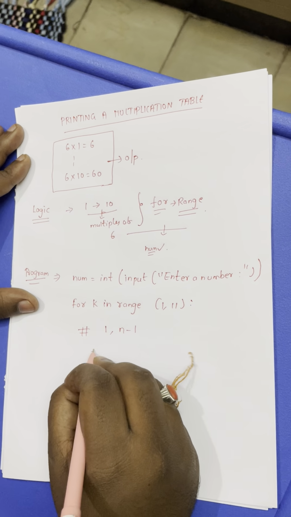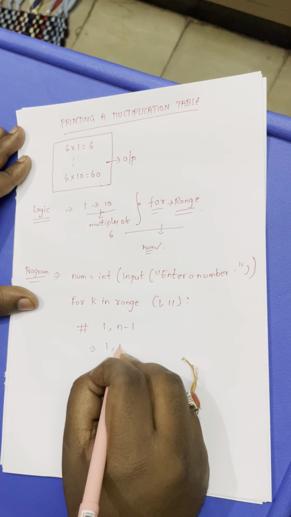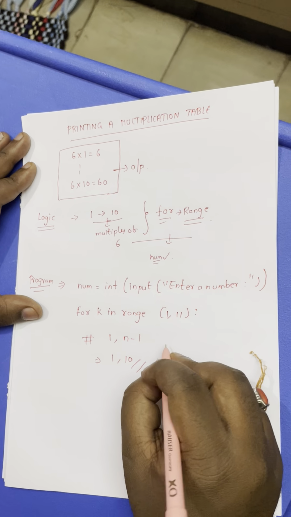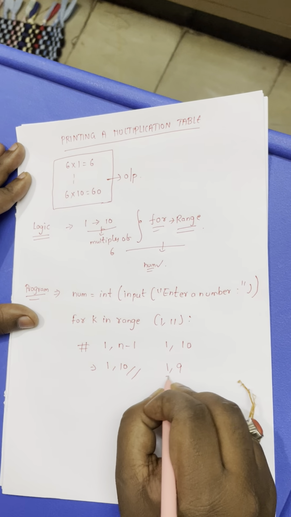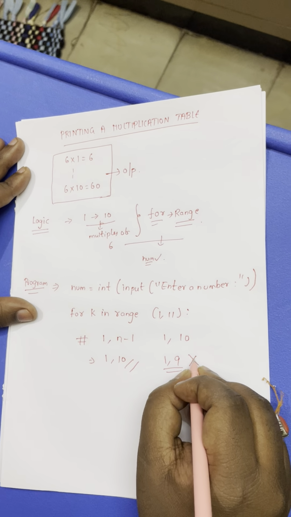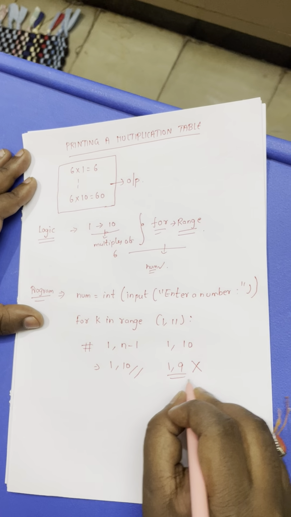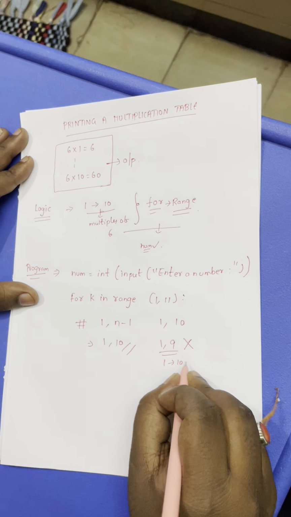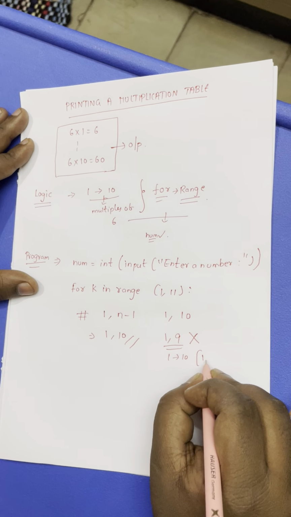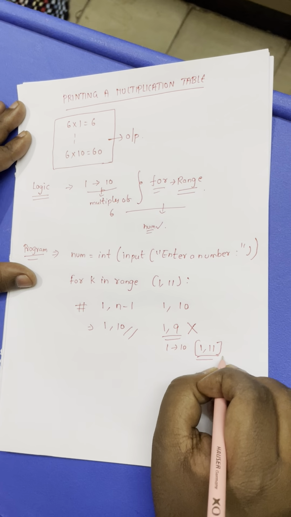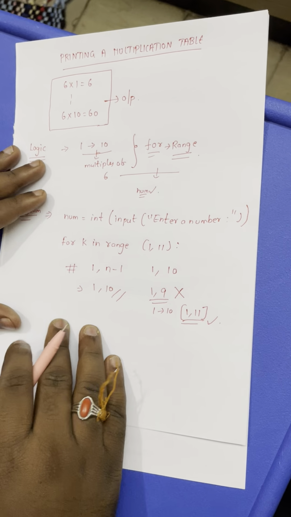So if you give 1 to 11, it will take the values from 1 to 10. But if you give 1 comma 10, it will take the values from 1 to 9 only, which is not suitable for this program. We want the values between 1 to 10. So that's why in the for loop we are taking for k in range of 1 comma 11. So this step is done.